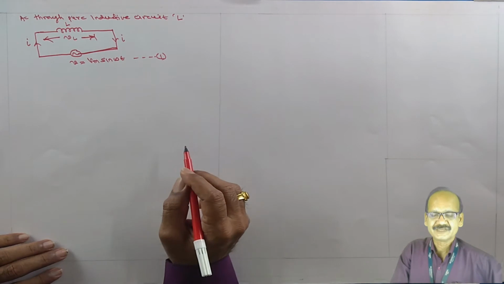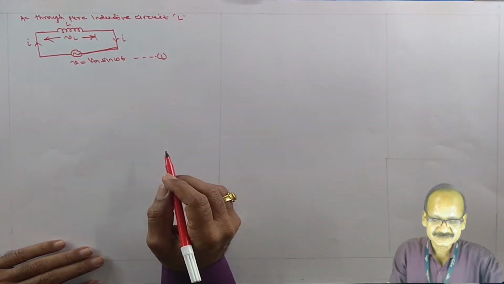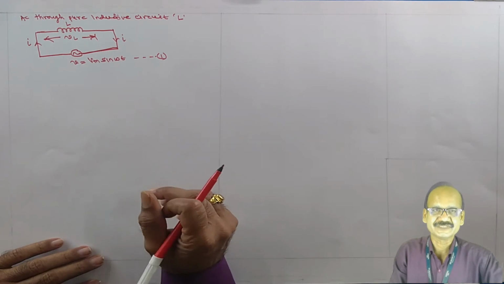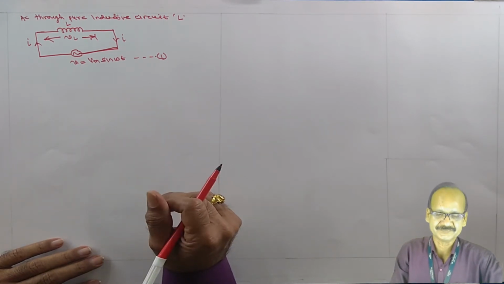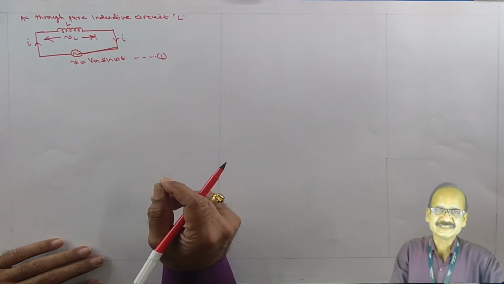So whenever AC voltage is applied to the inductance, the back EMF is induced in it because of the self-induced EMF. This self-induced EMF opposes every change in current flowing through the inductance.